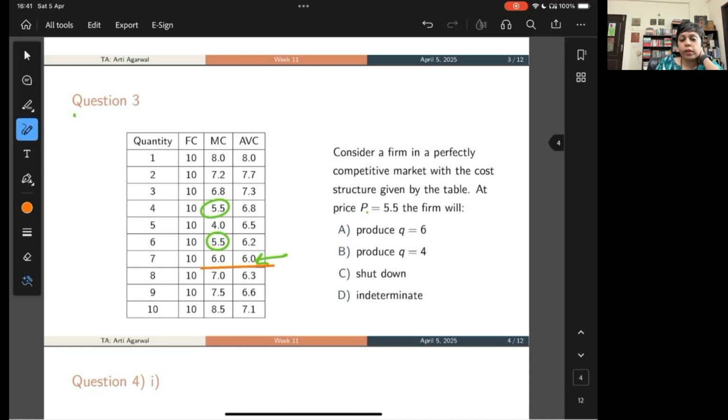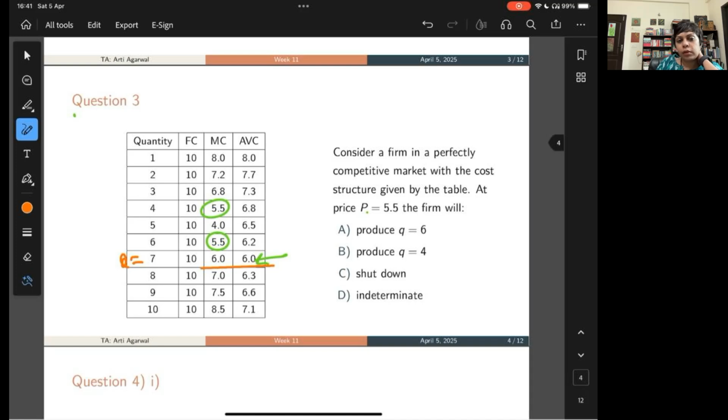Beyond quantity Q equal to 7, average variable cost is lower than marginal cost, but before Q equal to 7, in all these values of quantity, average variable cost is higher than marginal cost. So that means the firm is not going to be able to recover any of its costs if it operates at a market price of 5.5, right?